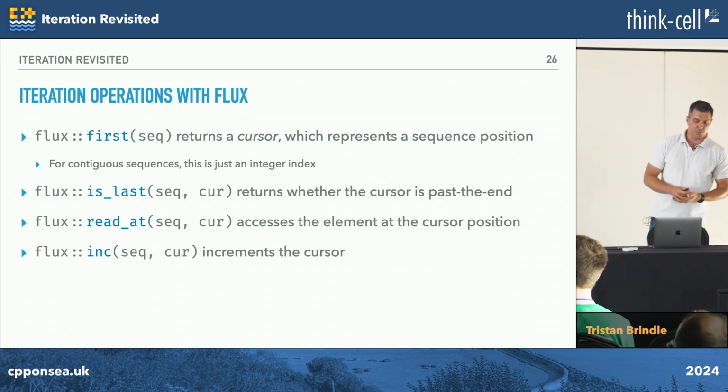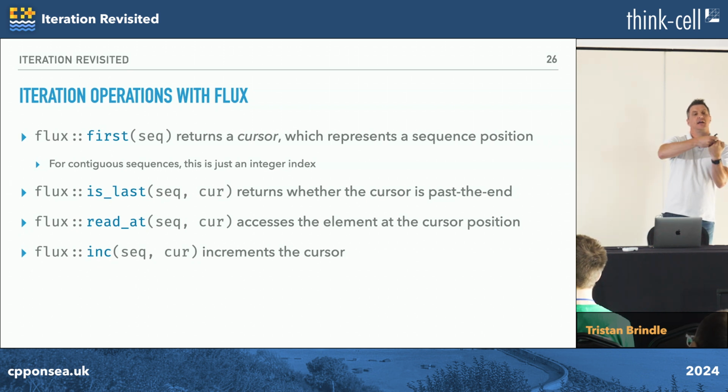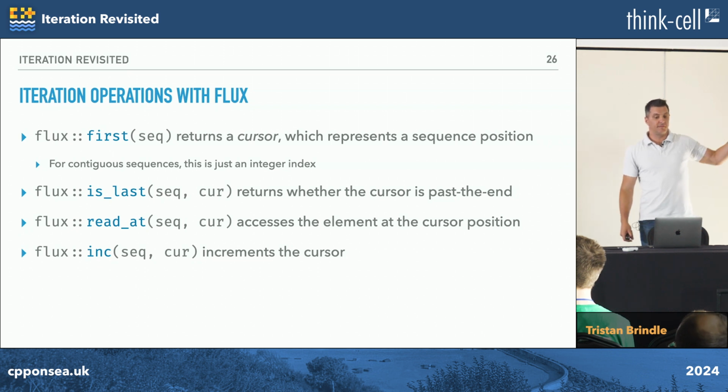And finally, we have the operation inc, which takes the cursor by reference and increments the cursor in place. So these are the fundamental operations in Flux. This is how we write them.